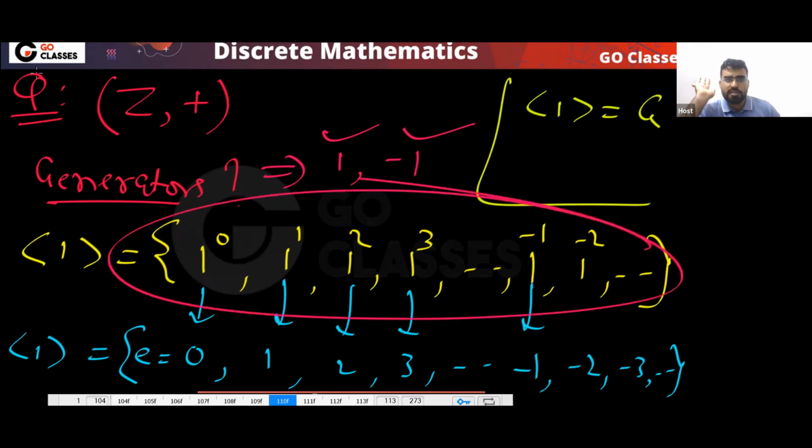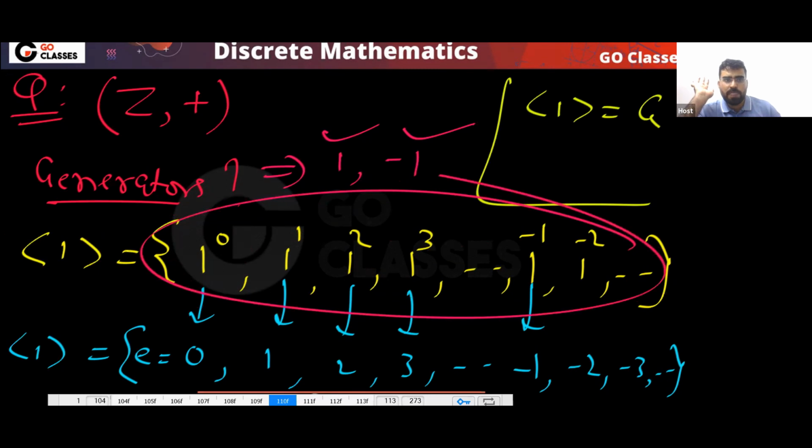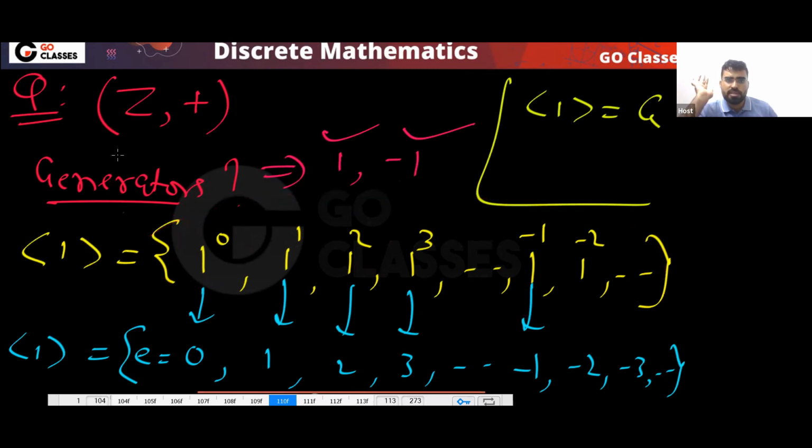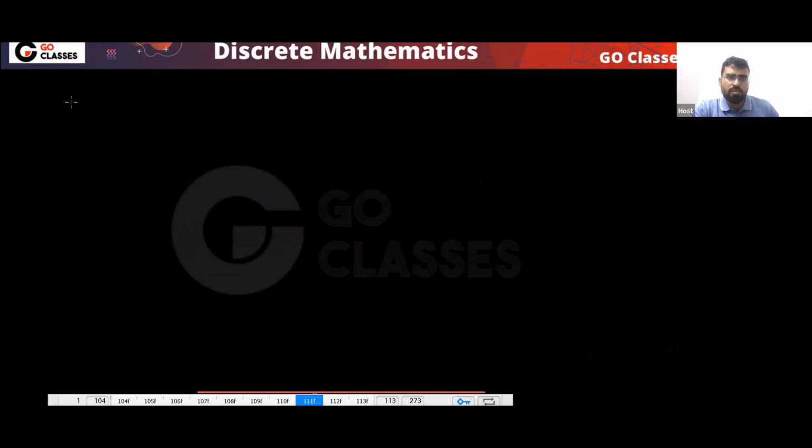This is the subgroup generated by 1, and it is equal to G, which is equal to Z itself. Similarly, the subgroup generated by minus 1 will also be the same as Z. Is it clear?